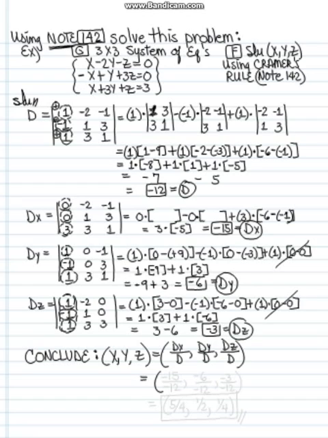That equals d sub x was, let's see, it was negative 15 over negative 12. Then we had negative 6 for d sub y over negative 12. The bottoms are all the same. And for d sub z we had negative 3 over negative 12. Factor and cancel. Our final answer is 5/4 for the x, and 1/2 for the y, and 1/4 for the z.